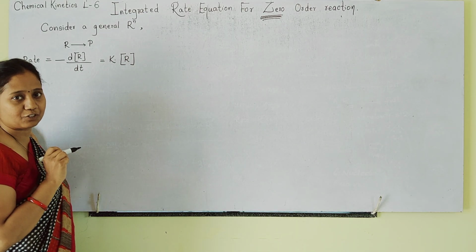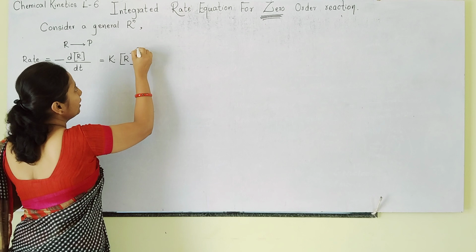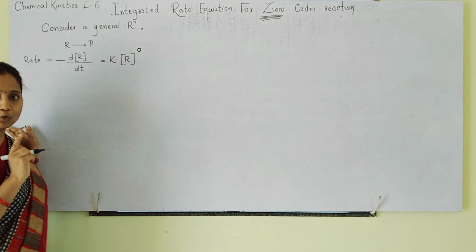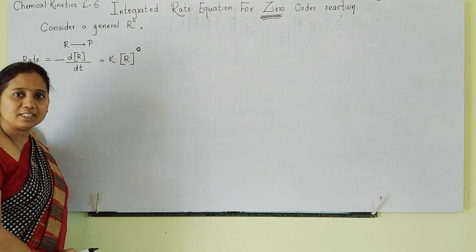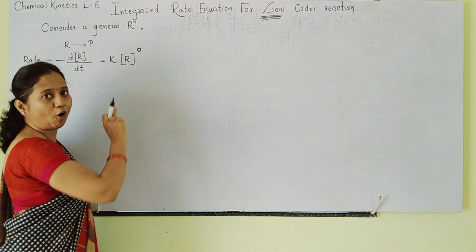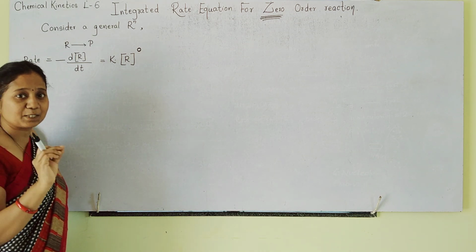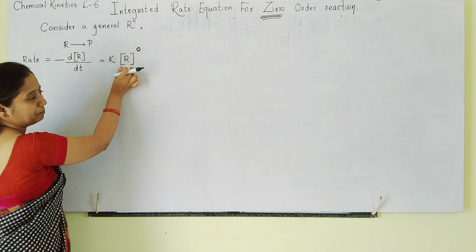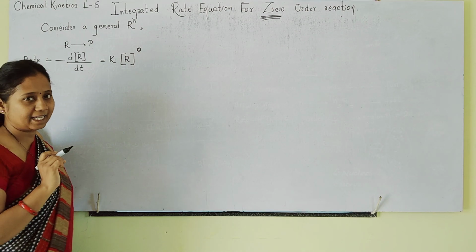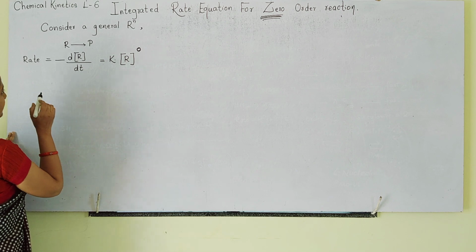For zero order reaction. So students, here your order is 0. The exponent should be 0. Why did I write 0? Because it is for a zero order reaction. For a first order reaction we should write 1 here. Order means power. Order means the exponent of the molar concentration of reactant in the rate law expression.